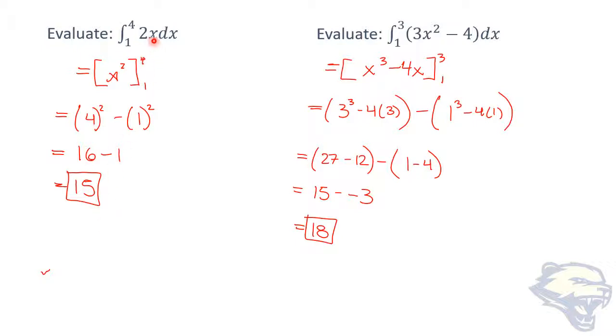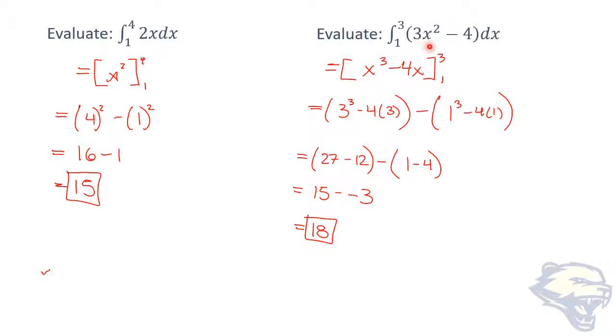So this first step, again, is always going to be very familiar. That's going to be the antiderivative, just like we were doing last unit. And then we're going to plug in the numbers, upper first, lower second, subtract. Okay. So over here in this second example, I have 3x squared minus 4 in my integrand.